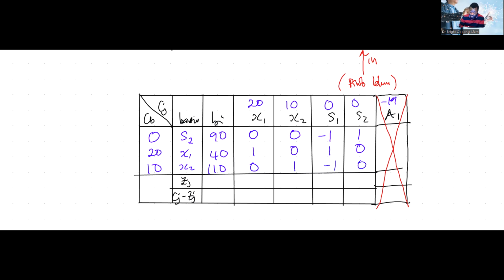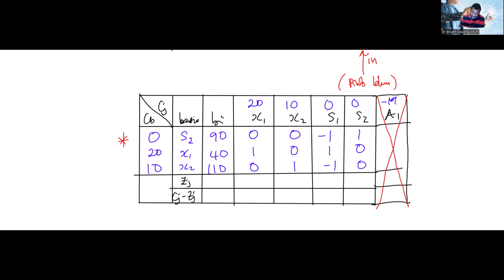So how do you then compute your z? 0 times 90 plus, you see how clearer it is. So this surplus, or the slack variable, not adding anything to the objective function, the maximization problem, is contributing 0. So though the bi value is 90, it is contributing nothing to the z function, right?